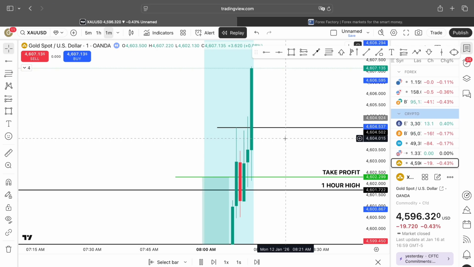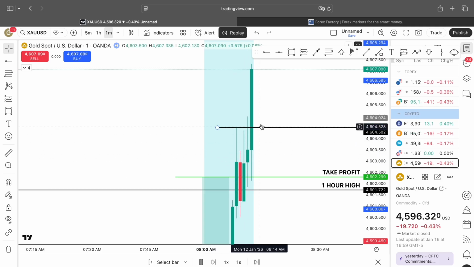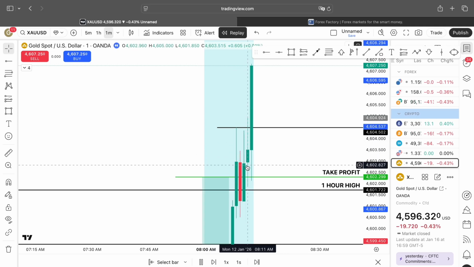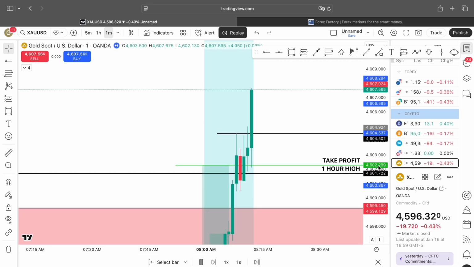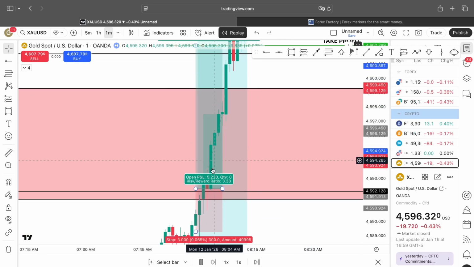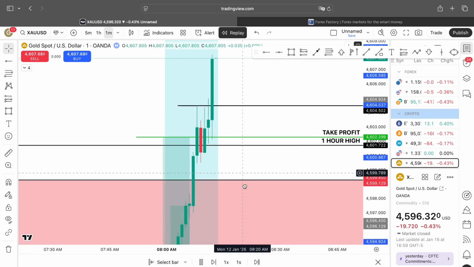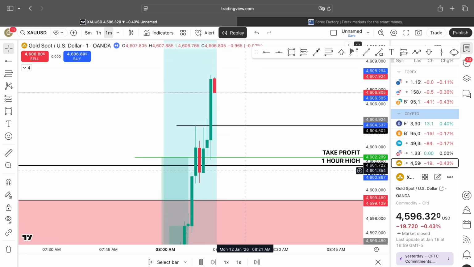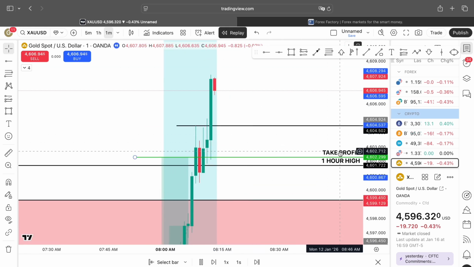This is my favorite, by the way. When we got 3 or more bullish engulfing candles, that is a great sign that price is going to continue to go up. Just like down here, like 3 or more bullish candlesticks. That's how you know. Guys, pay attention to this though. Look at this.